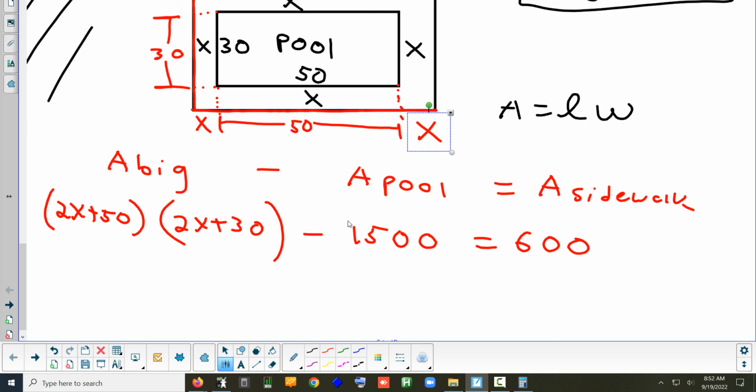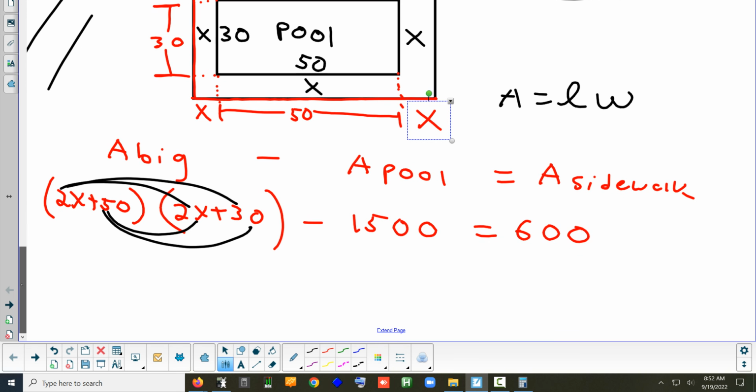Okay, so this first part is something we did back in Algebra 1. You have to FOIL this out, just like that. So Caleb, if I start to distribute this out, what's 2x times 2x?